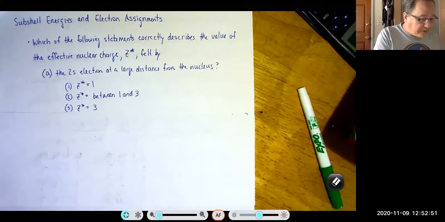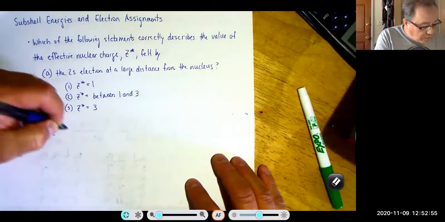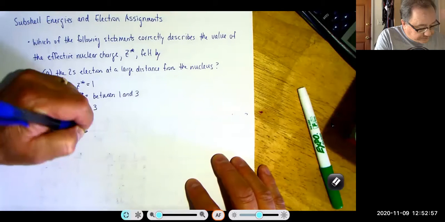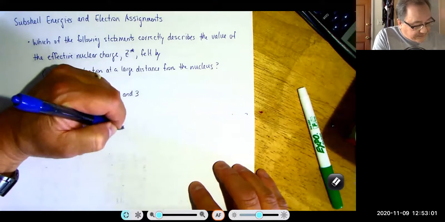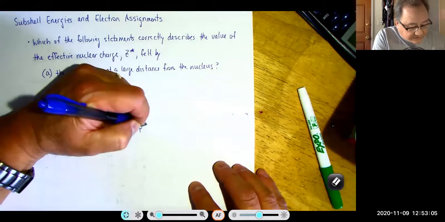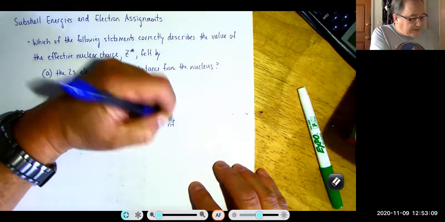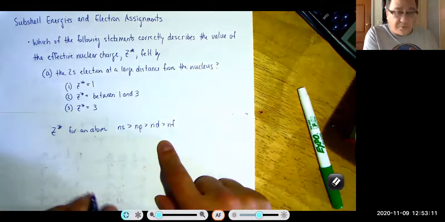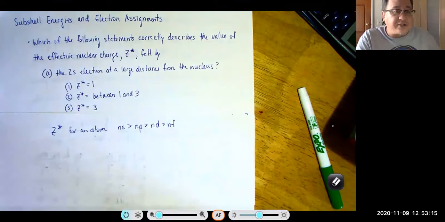So in general, when we take a look at Z star for an atom, the NS has a larger Z star than an NP, which has a larger Z star than an ND, larger than an NF. And it's for this reason that the NS is more stable. The Z star, the effective nuclear charge, the larger it is, the more stable the electron.